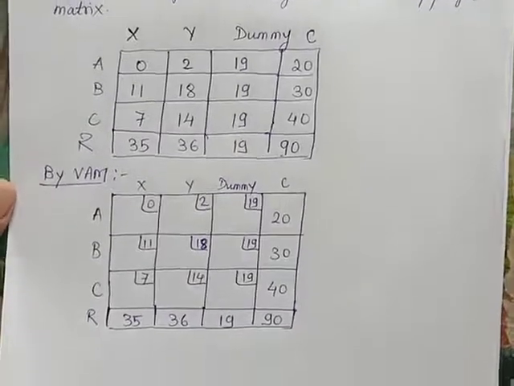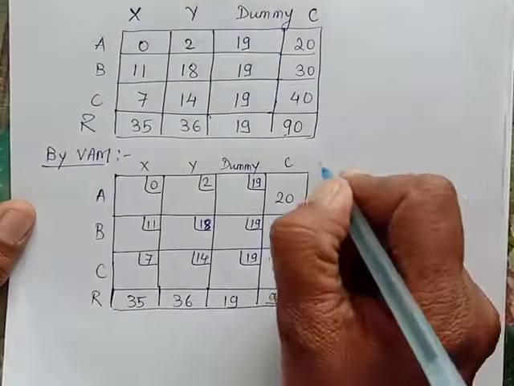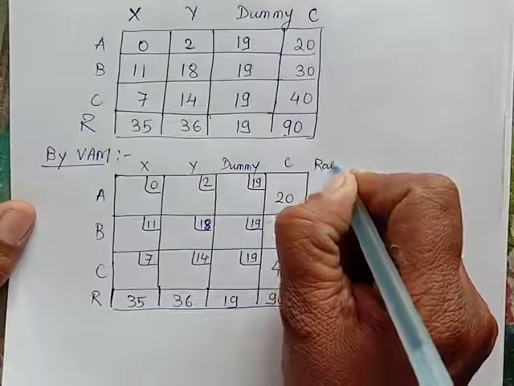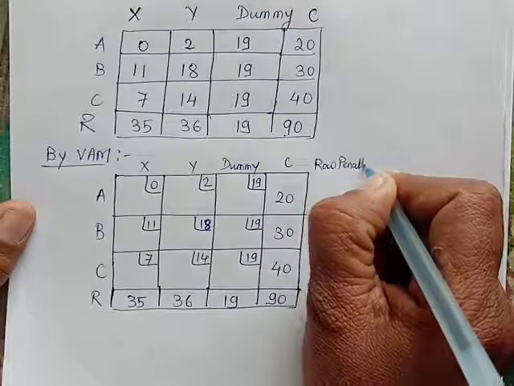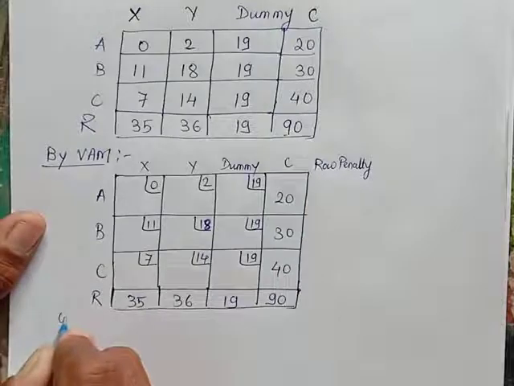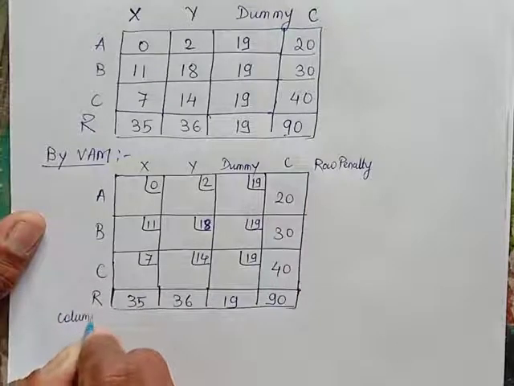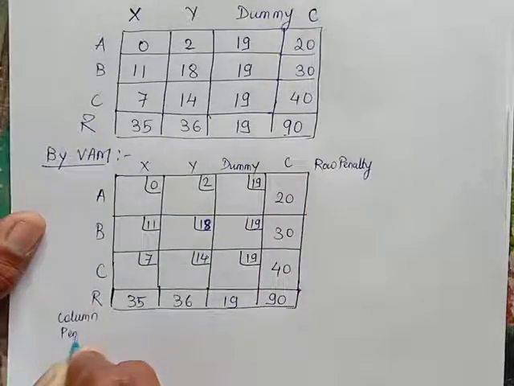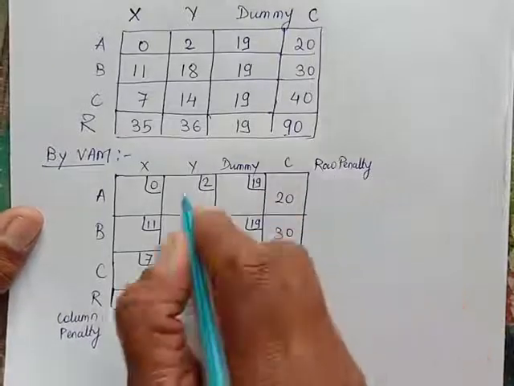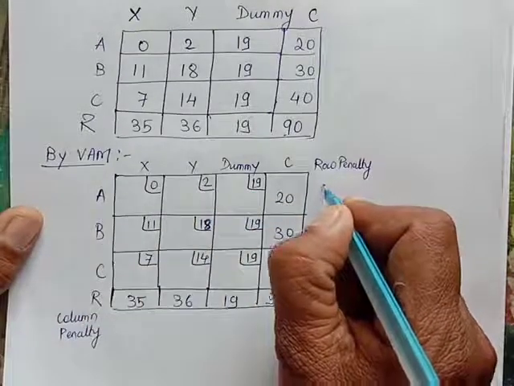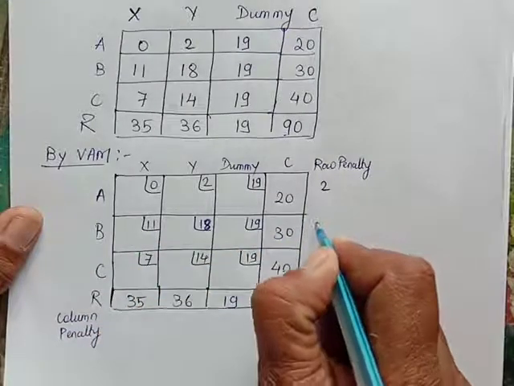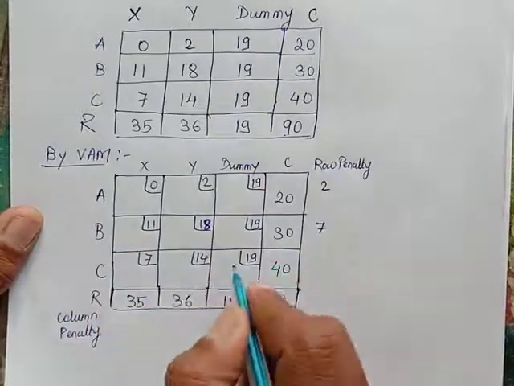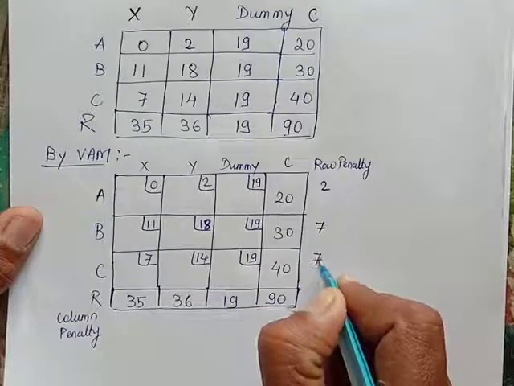So here let me write row penalty and column penalty. So row penalty is here 2, here it is 7, here it is 7 again.